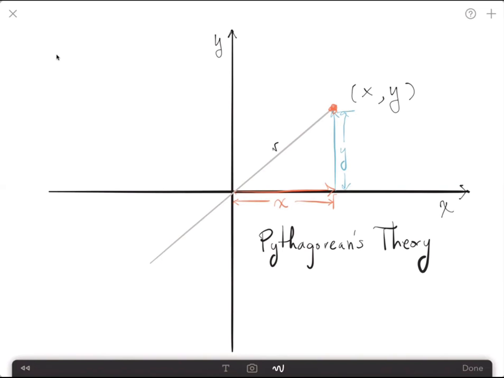It's just basically saying that r squared is equal to x squared plus y squared. So r is just the square root of x squared plus y squared. So if we know the magnitude of x and we know the magnitude of y, r is easily calculated. And this is the theory. All right, so in the next video, we set our origin and our scale.